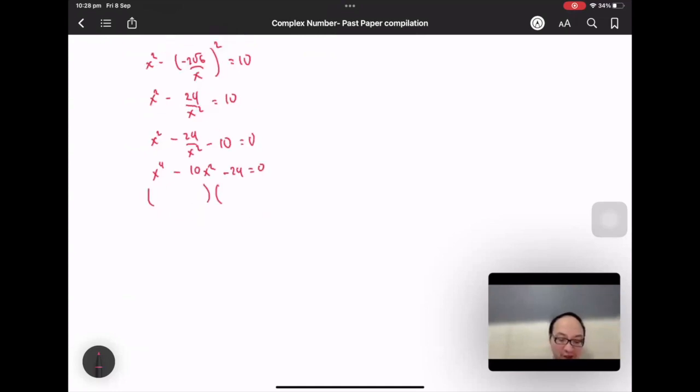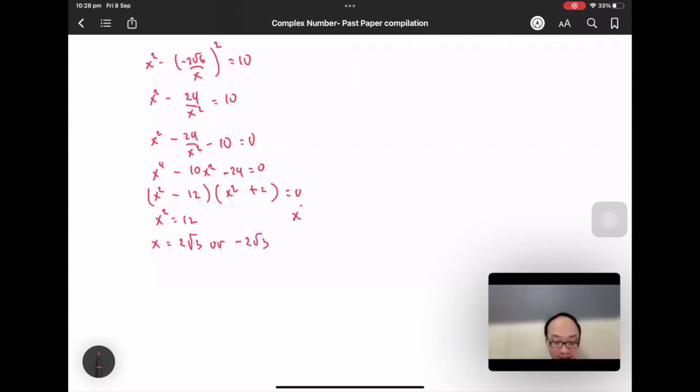We can factorize: x squared minus 12, plus 2. So x squared will be equal to 12. x will be equal to 2 root 3 or negative 2 root 3.